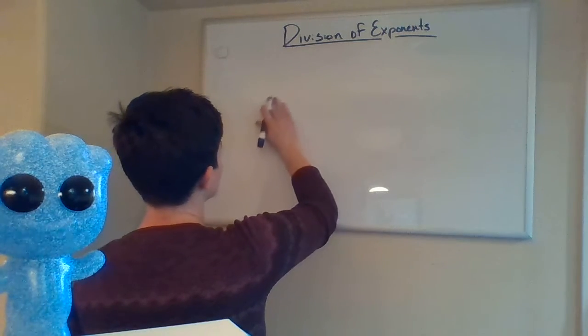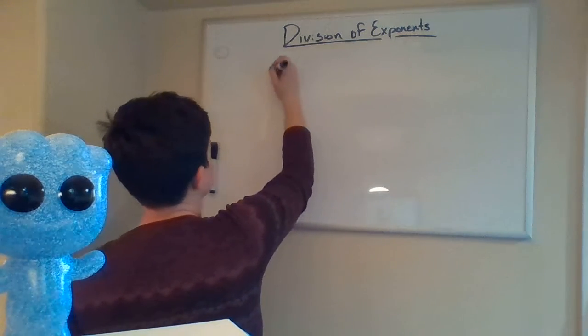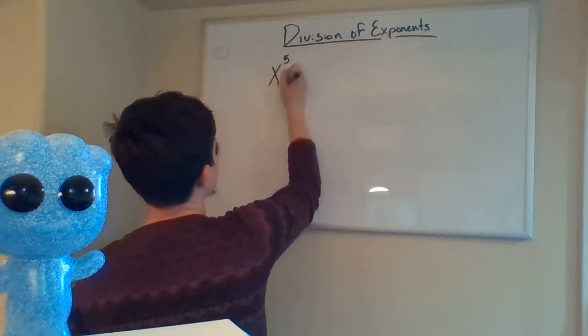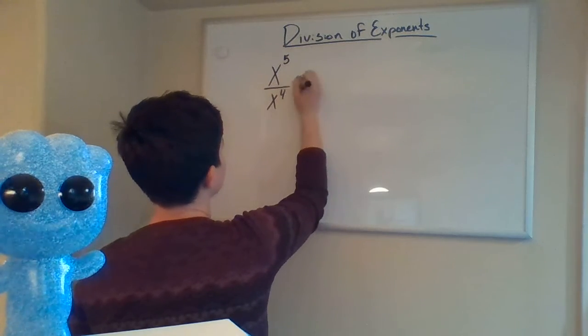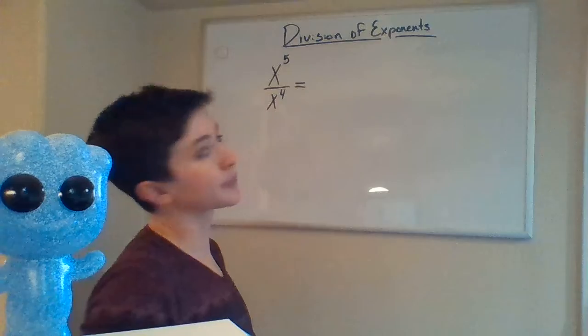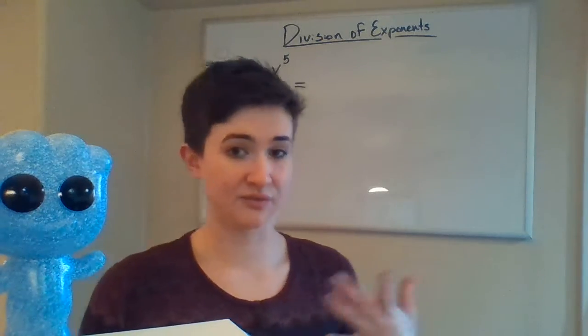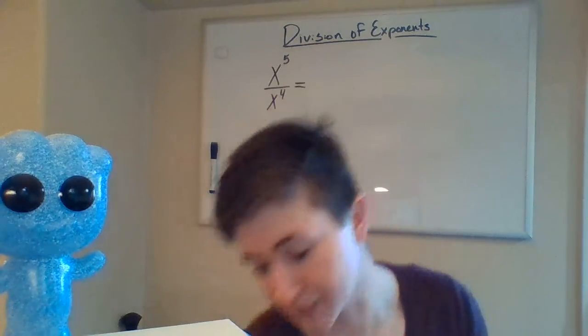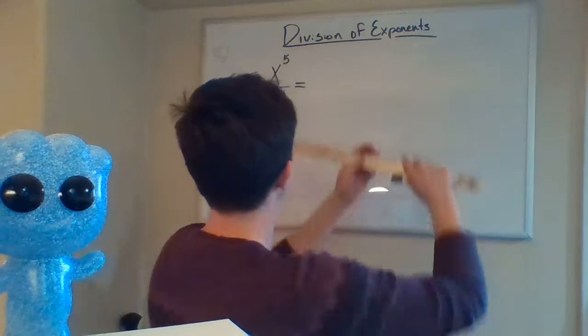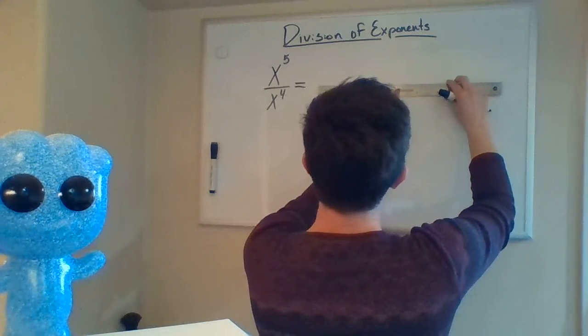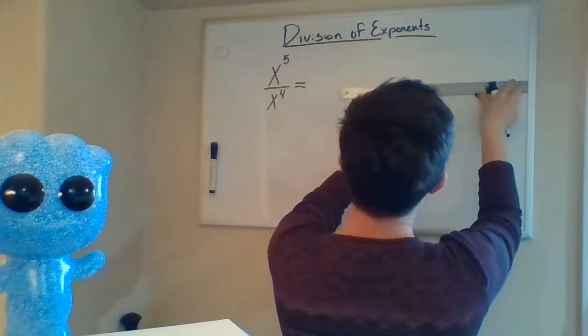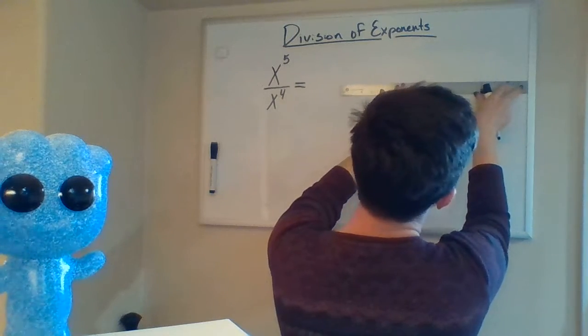So, division of exponents always starts with a fraction, always. So we're going to start with x to the fifth over x to the fourth.